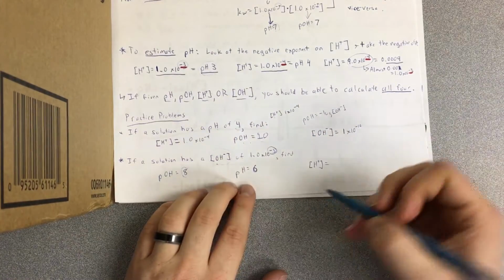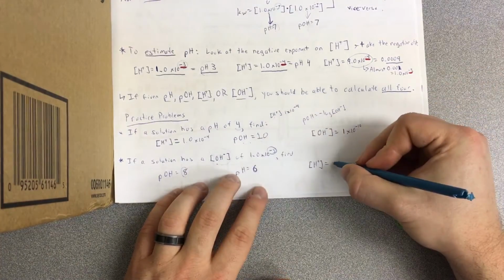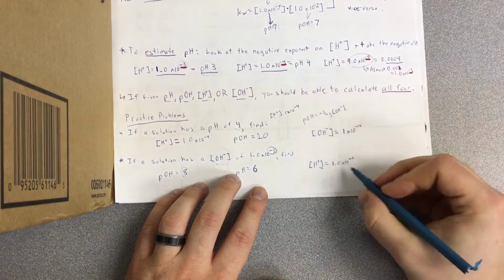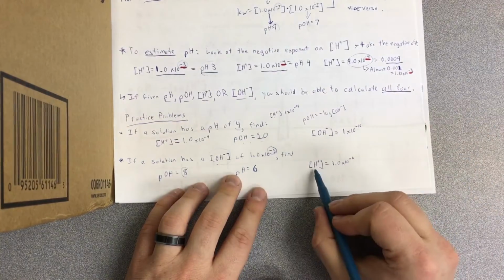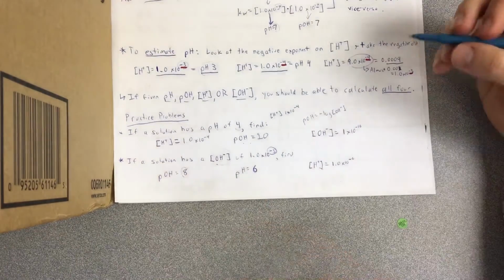And then if we need to turn this into a concentration of H+, we say the pH is 6, so we'll take that 6 and put it as a negative exponent on base 10. So the concentration of H+ would have to be equal to 1 times 10 to the negative 6th.